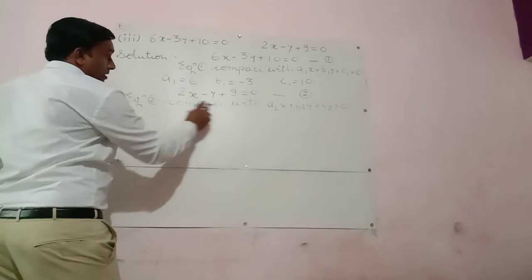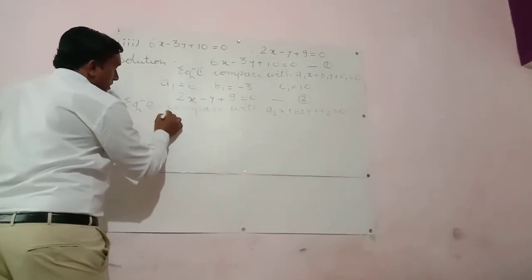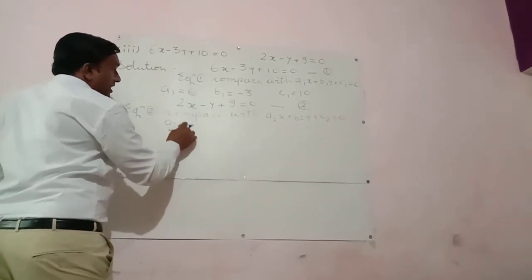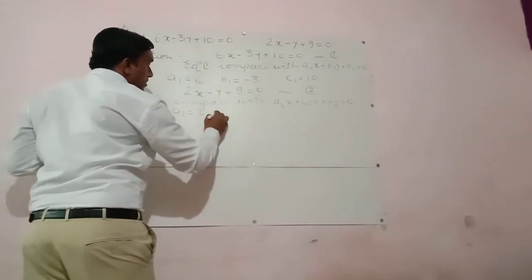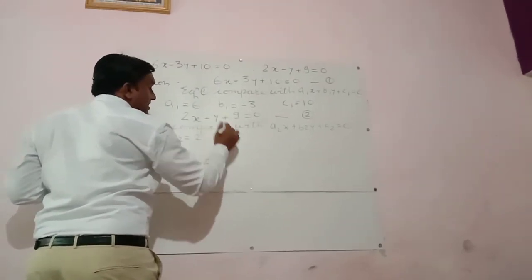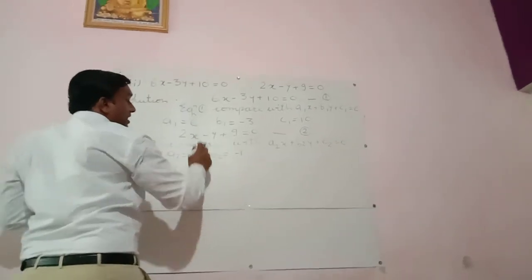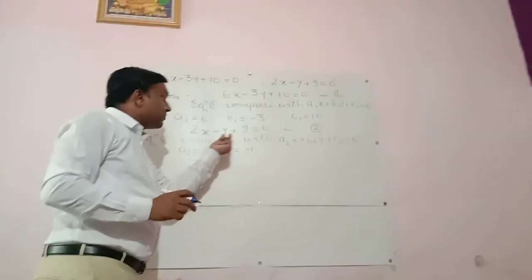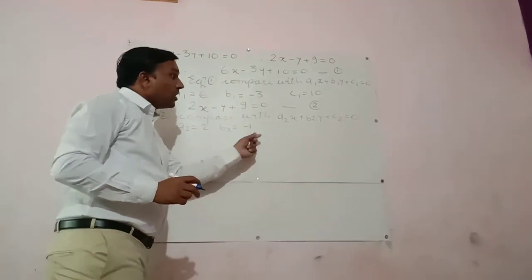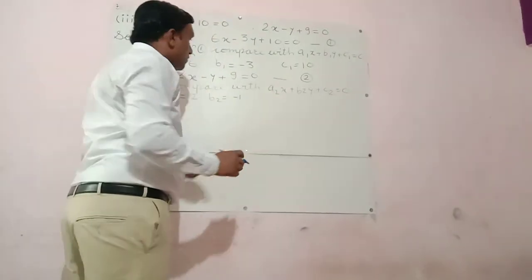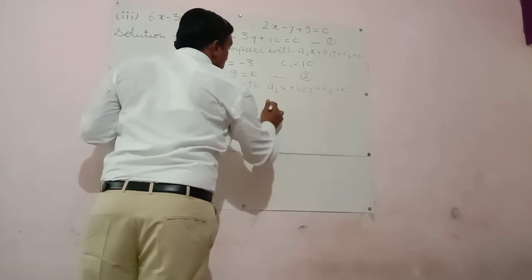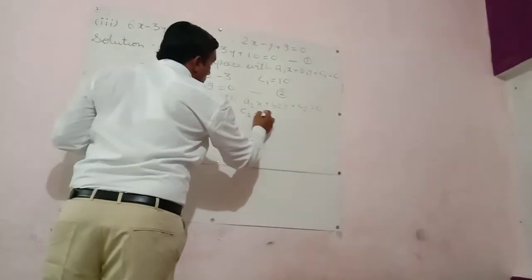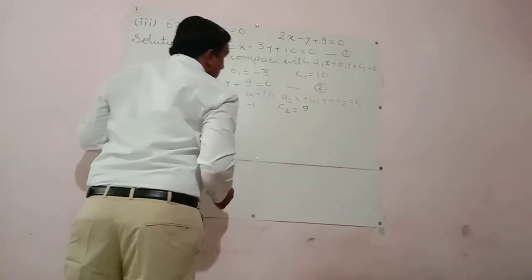Here coefficient a2 equal to 2, coefficient b2 equal to -1, because here there is nothing written, so it is 1 and because it is negative, we get -1. Now constant c2 equal to 9.